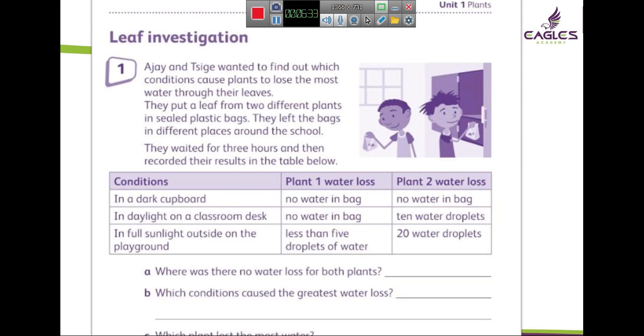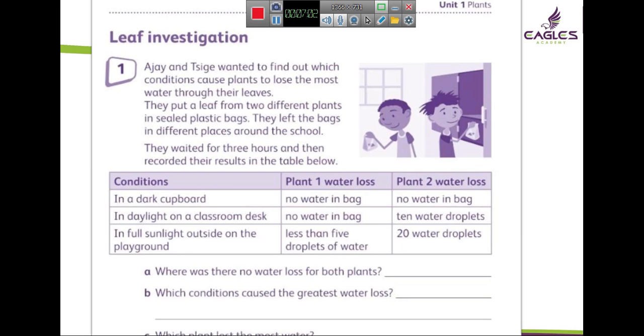I mean, when they opened the plastic bag which had been left in the daylight on a classroom desk, they found 10 water droplets from plant 2 and they haven't found anything from plant 1. Okay? Now the third condition, in full sunlight outside in the playground.